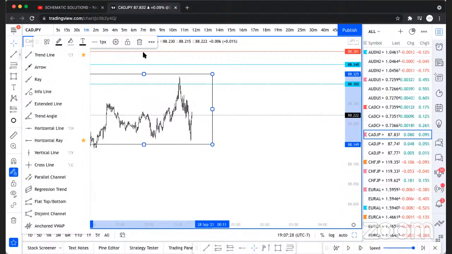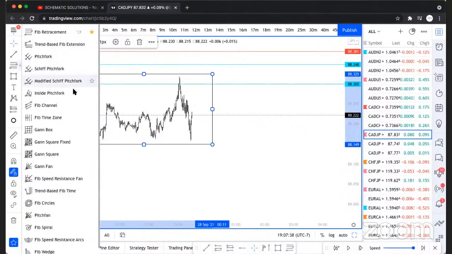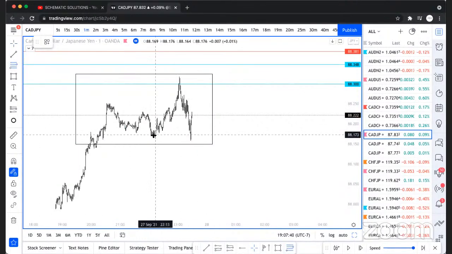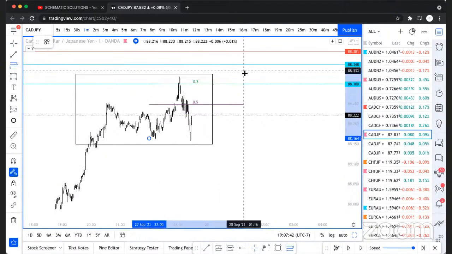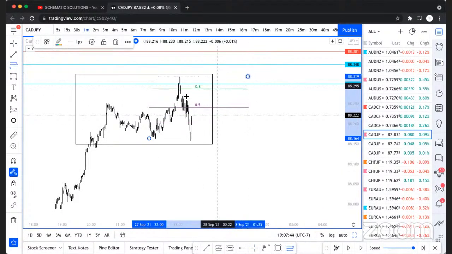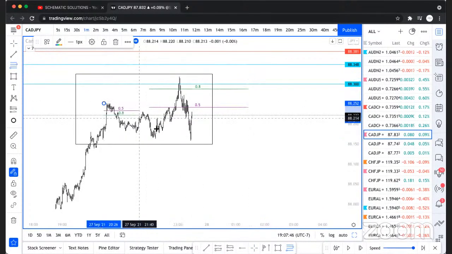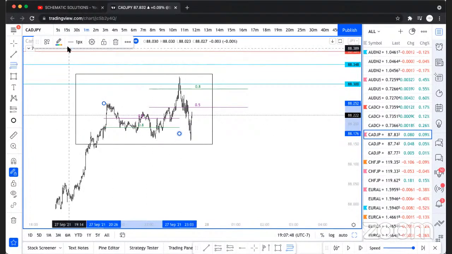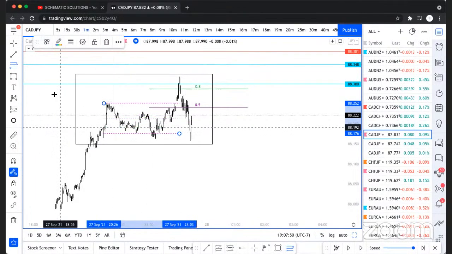We are looking at this climax, AR, secondary test, minor sign of weakness. This is our upthrust. So if that's our upthrust, we're going to measure that last drive. 50 and 80%. This is our trading range. I'll just put it here.